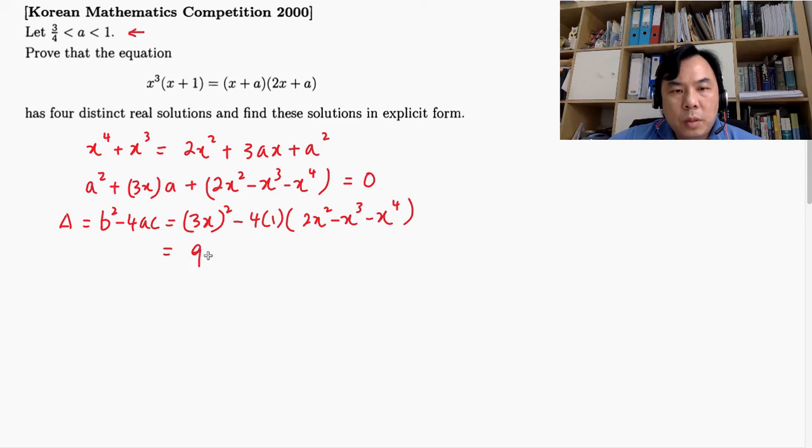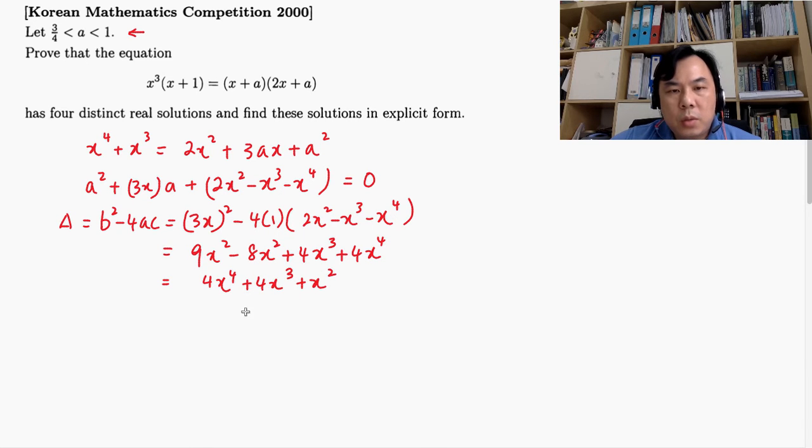So from here you have 9x squared, and then from here we can simplify to 4x cubed plus 4x cubed plus x squared here. And then of course the usual way is you can factorize it first, for instance.